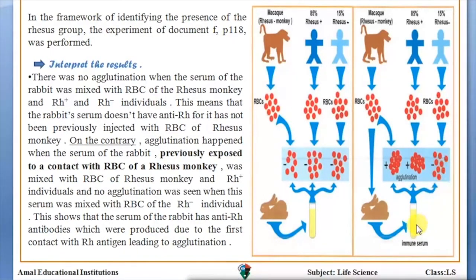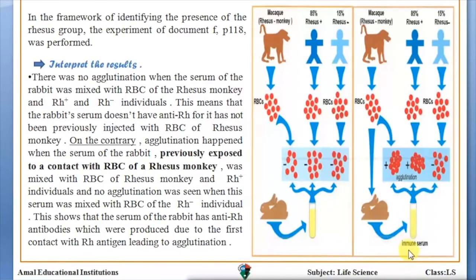That is, the serum here with the anti-Rh antibody is not going to bind on any Rh antigen here, since it is not found. So the question that arises here, how come this serum contains anti-Rh antibody and this serum doesn't contain anti-Rh antibody?